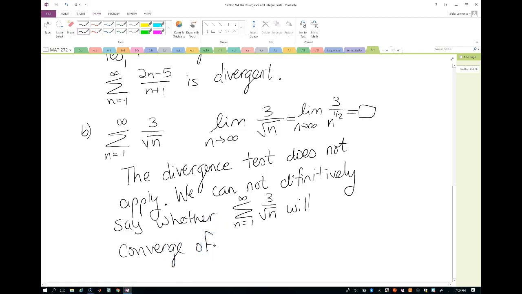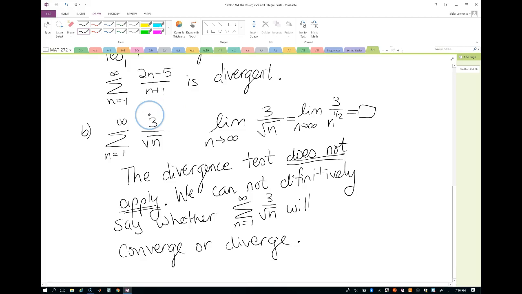We'll actually learn later in this section that this particular series does diverge, but we just can't use our divergence test to prove that. So we cannot use that test on this particular series.